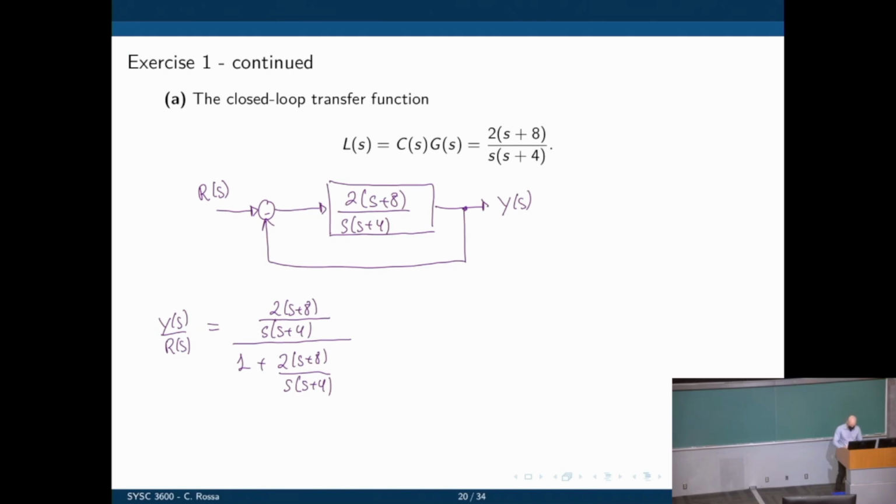And this simplifies to, this is simple math, I'm going to give you the result here: s squared plus 6s plus 16. Let me know if you want me to go over this derivation, or can we just stop here? Is it fine? Yeah? Okay, so that's the closed loop transfer function.